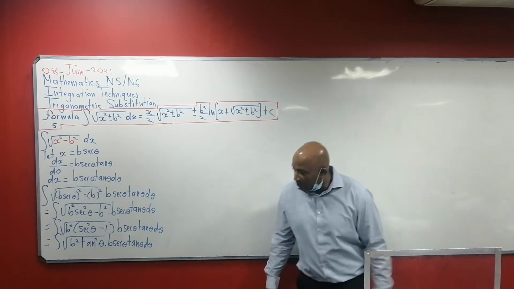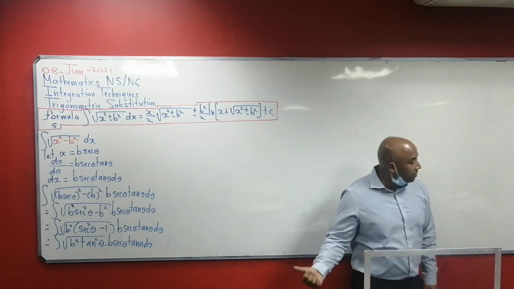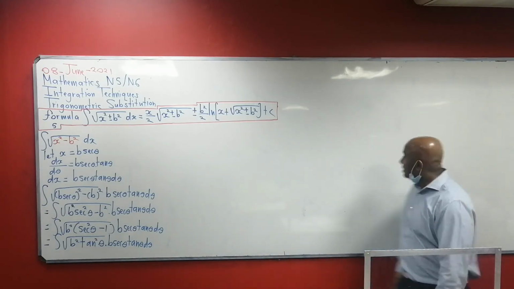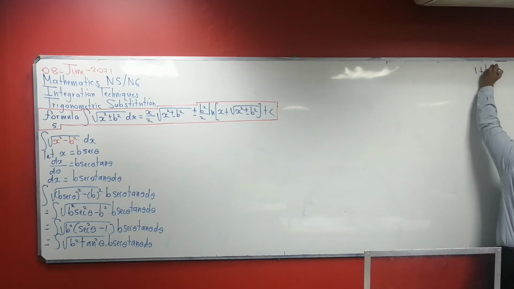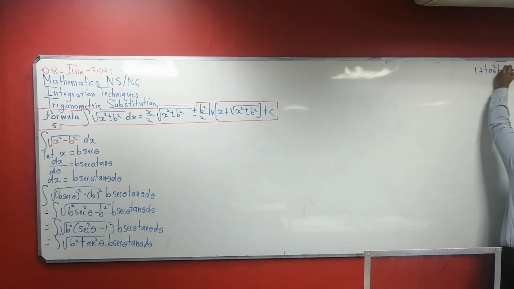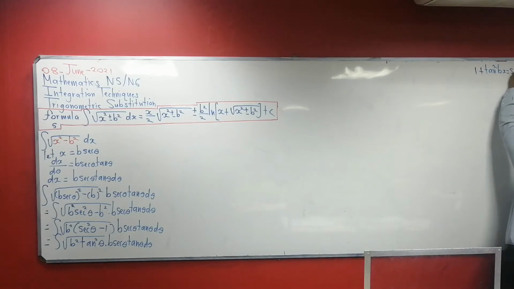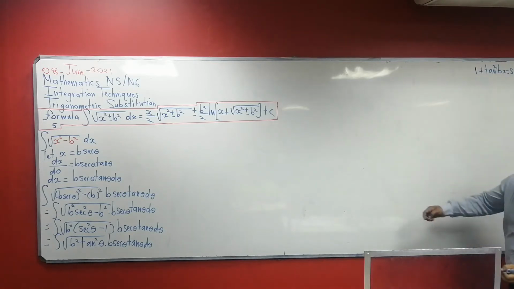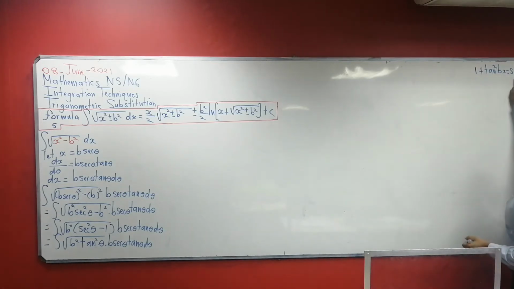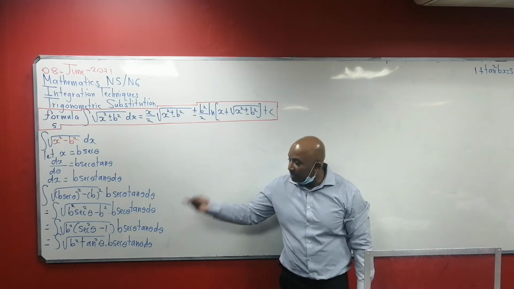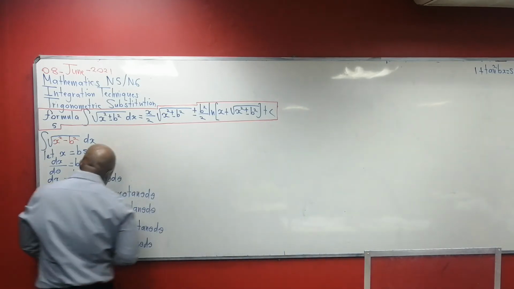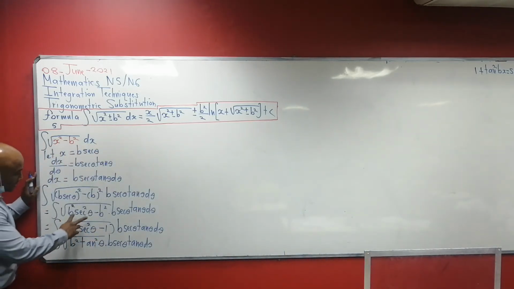Alright, so I use my square identity, sec squared minus 1. Remember, the square identity I'm talking about is 1 plus tan squared bx is equal to sec squared bx. So what happened there is you ended up with just sec squared minus 1, which can be replaced with tan squared.